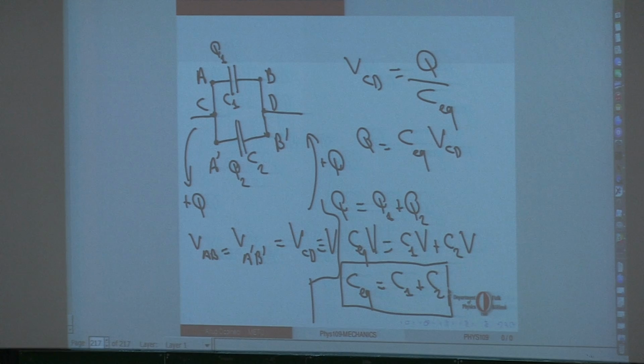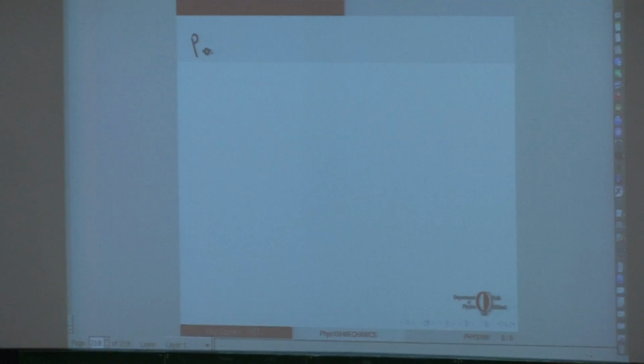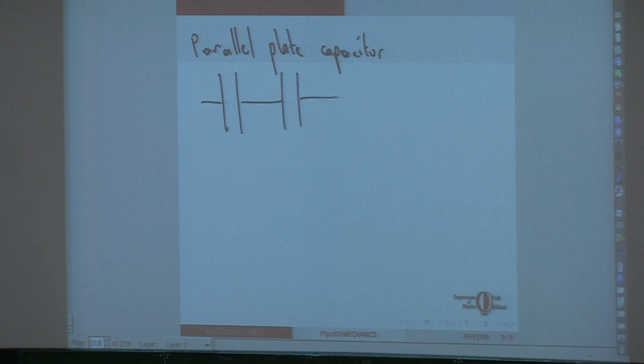Now for a parallel plate capacitor, these are kind of easy to interpret. This equation is true for any capacitor, whatever the shape of the capacitors are. For a parallel plate capacitor, let's say this distance is D1, this distance is D2.